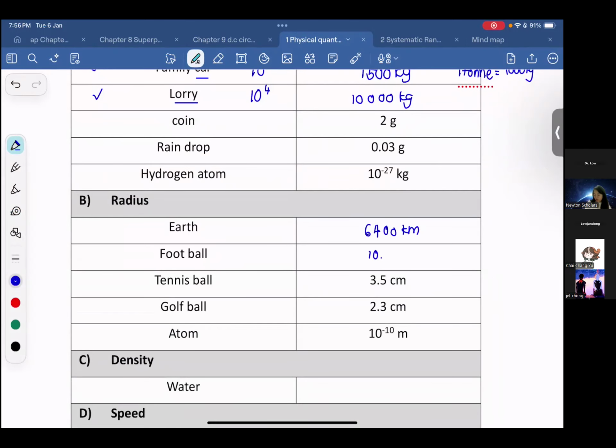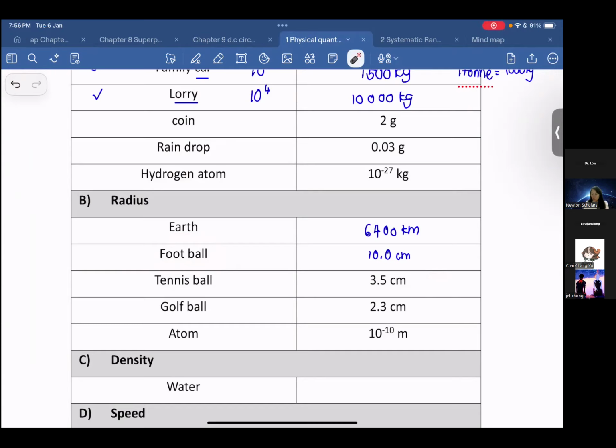Football is 10.0 cm. Let's say you like to play football. You roughly can know how many cm the football is. Then you think, is a tennis ball bigger or smaller than the football? Oh, smaller, much smaller. Roughly half. Then you do some estimation. If you think roughly half, then 5 cm.